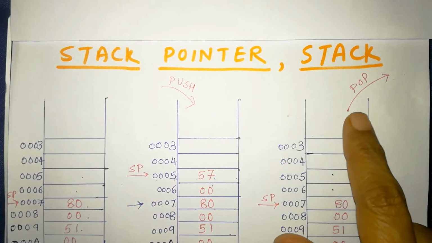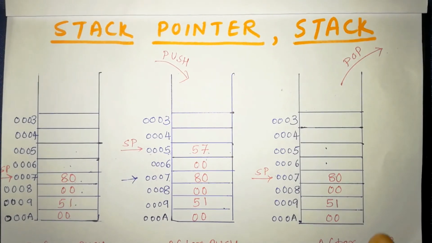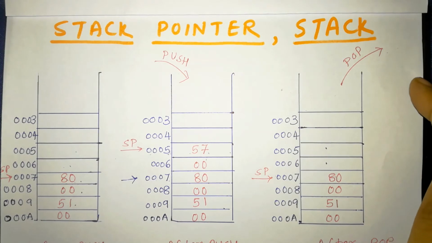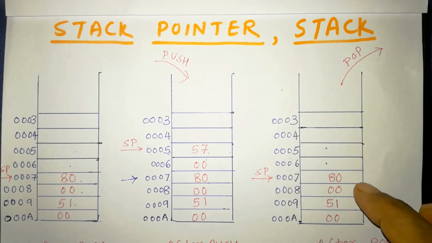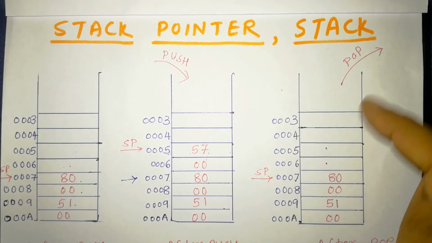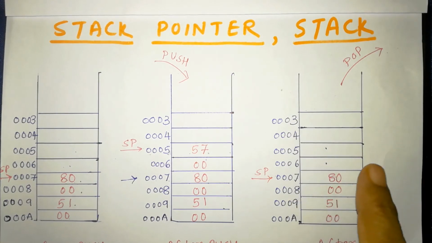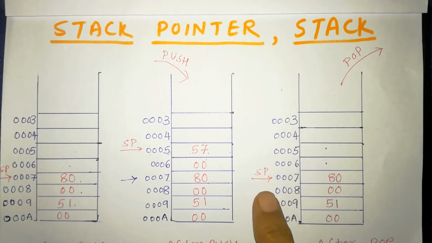Another operation is pop operation. Here we can take out the elements stored in stack. But the elements are 16-bit, that is why at a time we can take out 2 elements. And as we take out the 2 elements, stack pointer will go downside but will get increased.